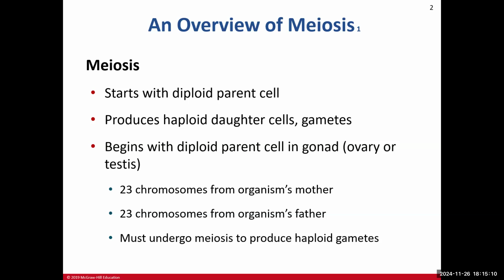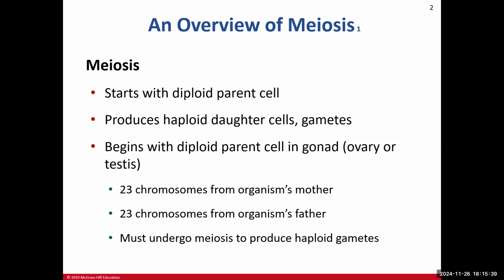And so the gametes, the oocytes, the eggs, and the sperm, are going to be known as haploid, which means they will have half this number of 46, which is 23. And we'll discuss how that's going to happen. Essentially, when you have fertilization, the union between the sperm and the oocyte, the oocyte will have 23 chromosomes and the sperm will have 23 chromosomes.